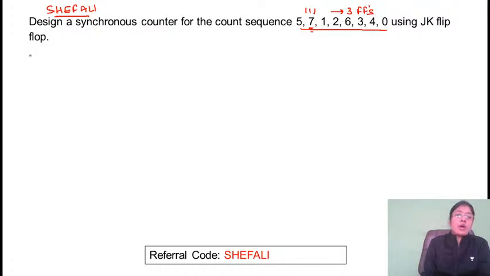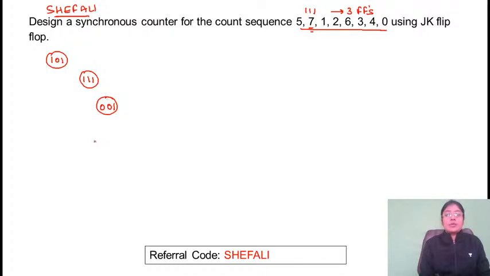First step is to come up with the state diagram. Draw the state diagram. So 5. Next we have 7, 111. Next we have 1, 0 0 1. Next we have 2, 0 1 0. Next we have 6, 1 1 0.